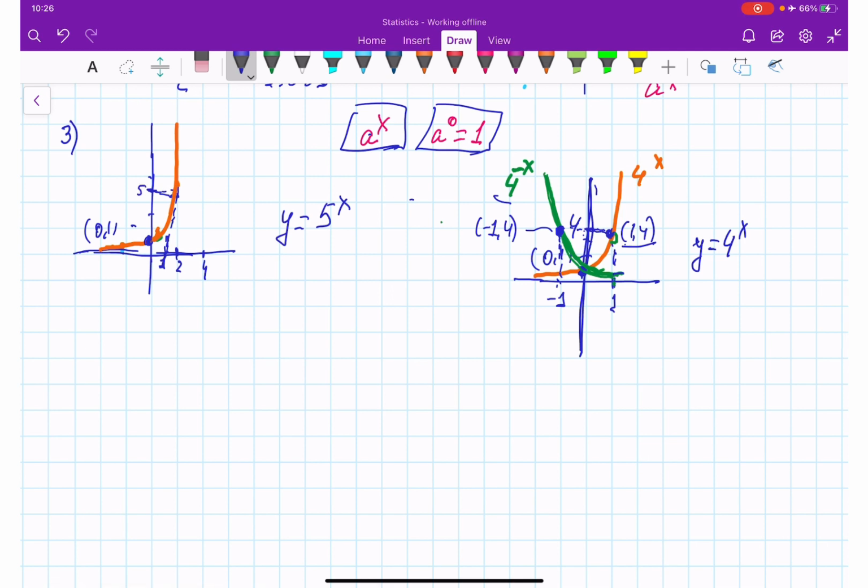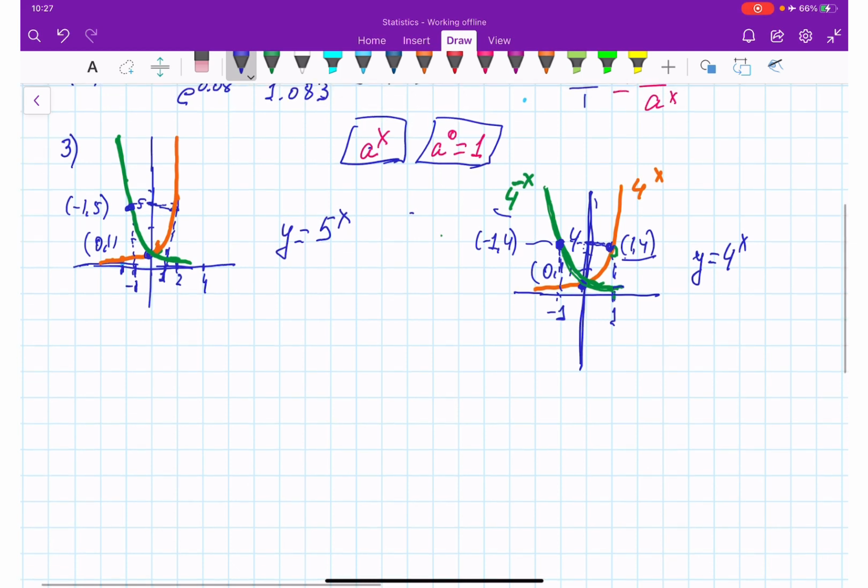So for 5 to the power negative x, I'm going to take this negative 1, so going up approximately here, and my graph will go like this. And this point is going to be negative 1 and 5.